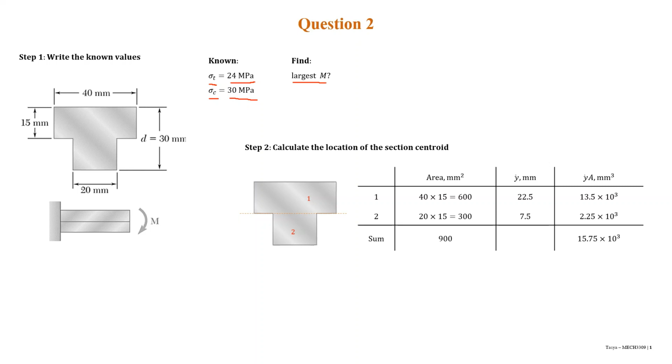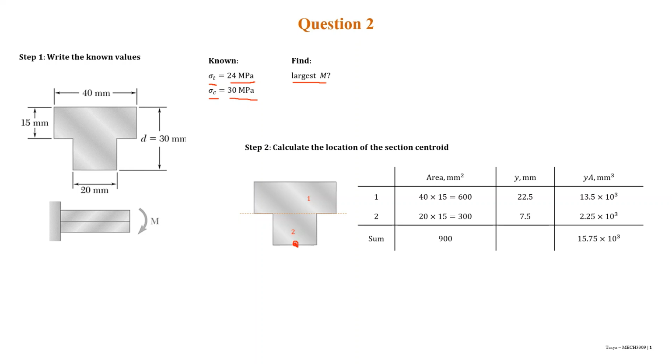From the figure we know that there are 2 different shapes here for the beam, so we're going to divide it into 2 figures here, and we have to determine each of the area and each of the y for each figure. How we determine y is by setting the benchmark point. Here I set the benchmark point as here.